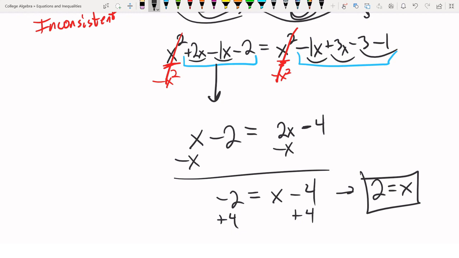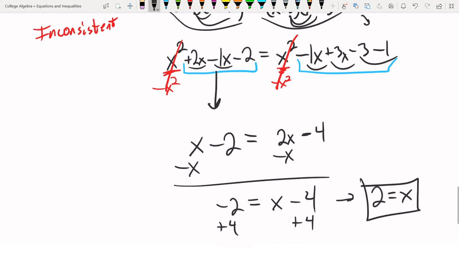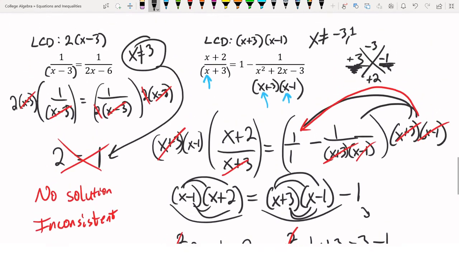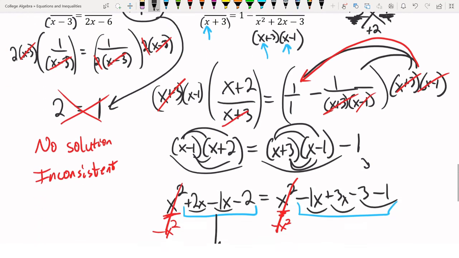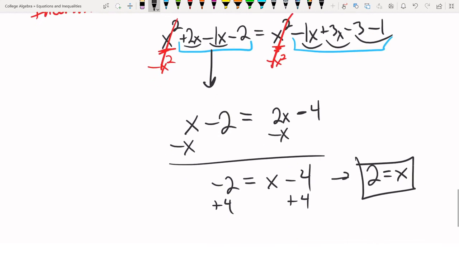Now, because we have a solution here, we have to go back up and make sure the solution is not one of these. x cannot equal negative 3 and 1. This, of course, is x equal to 2, which means we're good to go.